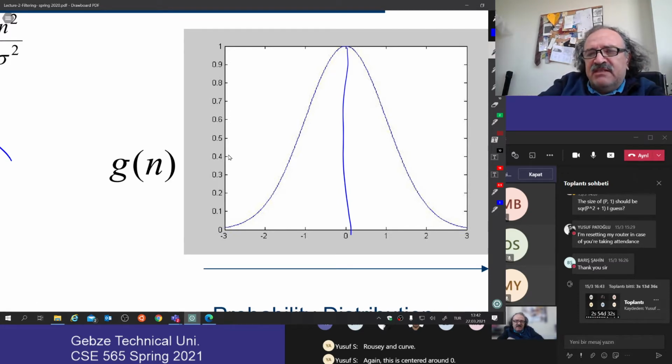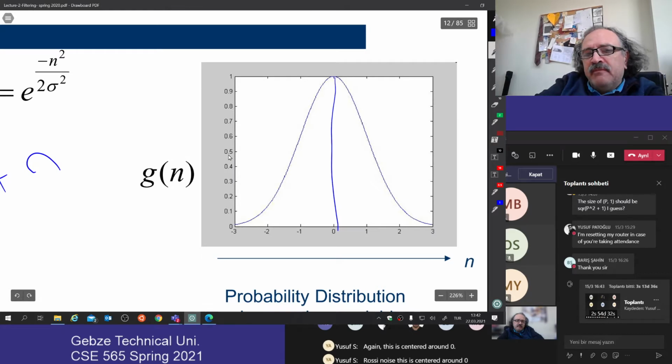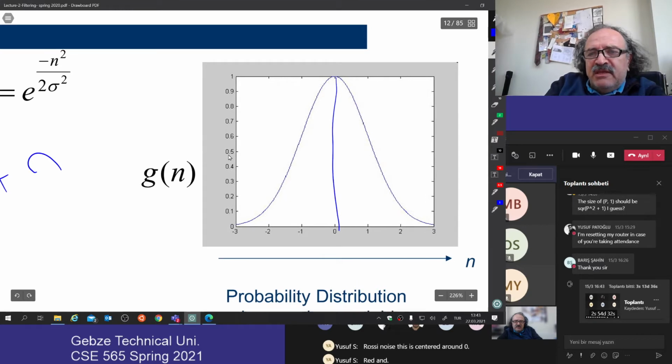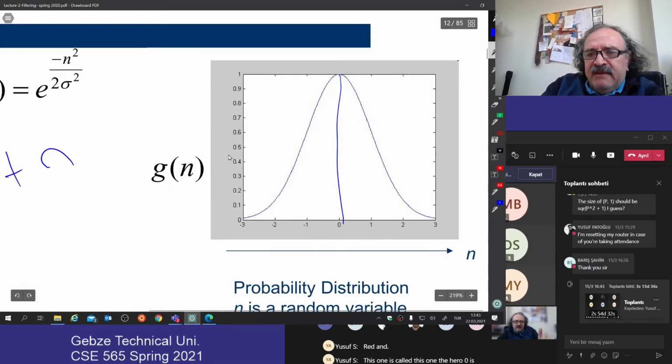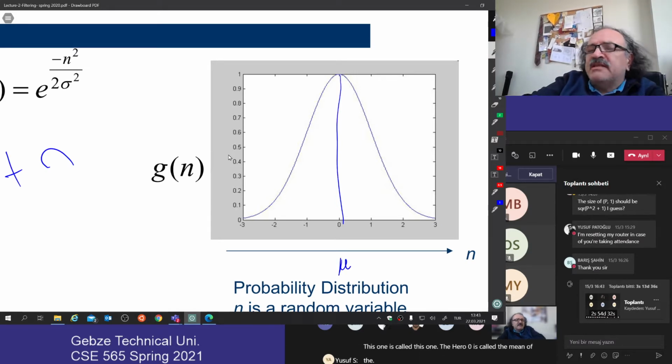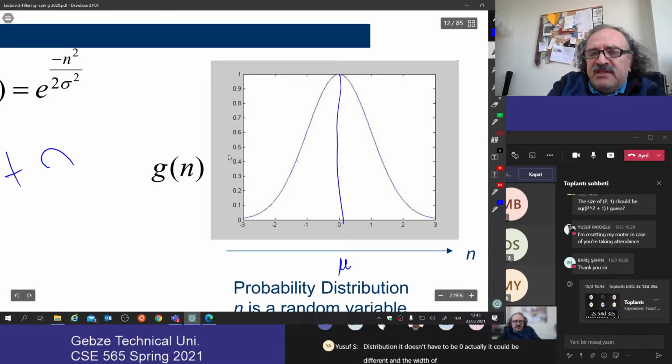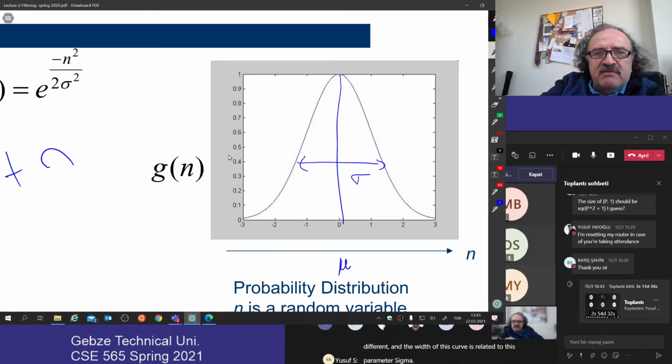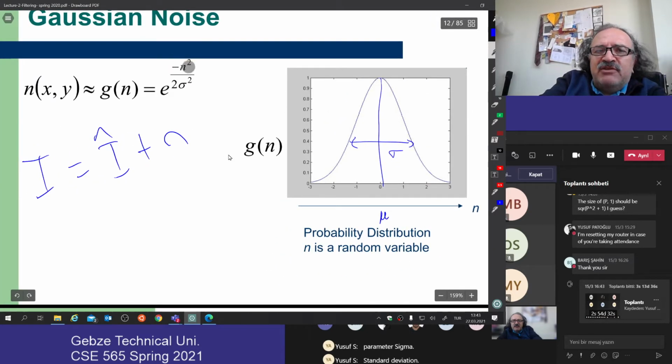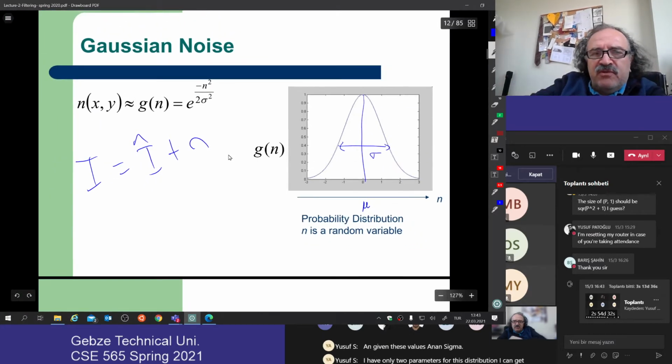This 0 is called the mean of the distribution. It doesn't have to be 0 actually, it could be different. The width of this curve is related to the parameter sigma, the standard deviation. Given these two parameters, the mean and sigma, I can get the distribution for the noise.